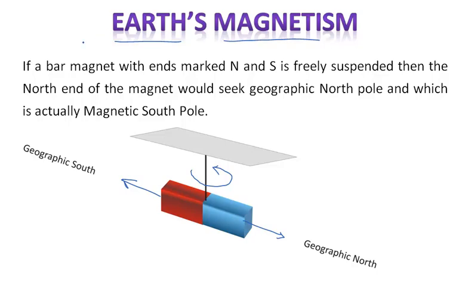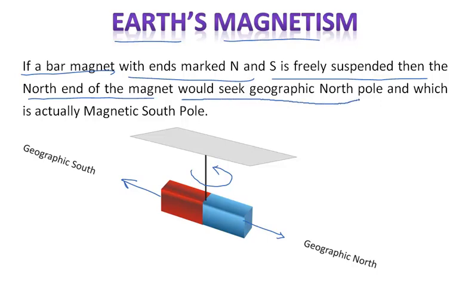Let's go through this line. If a bar magnet with ends marked north and south is freely suspended, then the north end of the magnet would seek the geographic north pole. Let us say this is the north pole of the magnet.